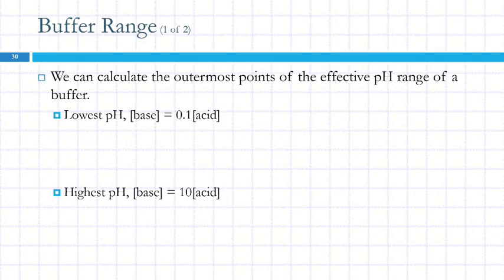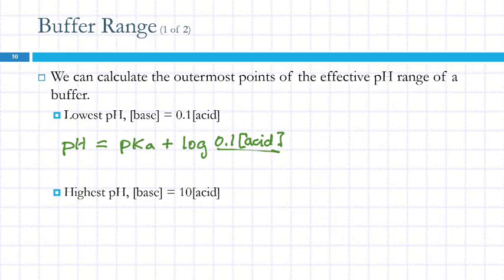So if we put this in, the base is equal to 0.1 acid, so I'm going to put that in instead of base concentration, divided by the acid concentration. And so this gives us pKa plus 1. Wait, minus 1? I better do the math. It is minus.